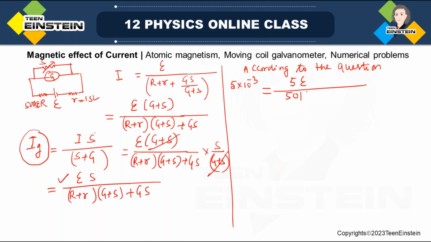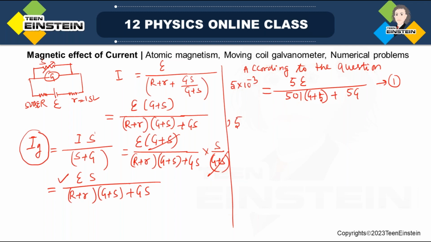G plus S, we don't know what G is. Let us write G like this, and S is 5. Then plus G into S, so 5 into G. This is equation number 1.